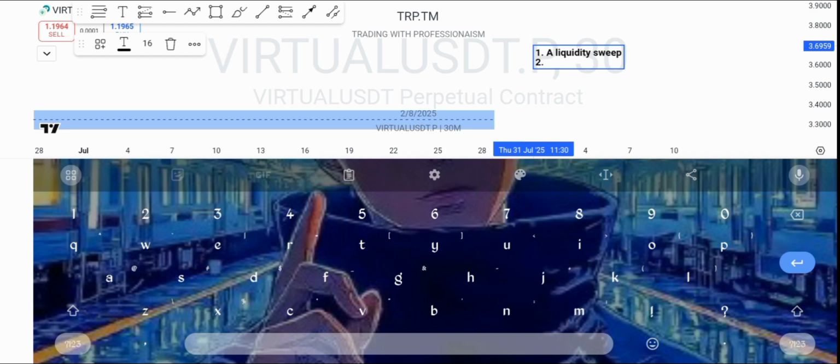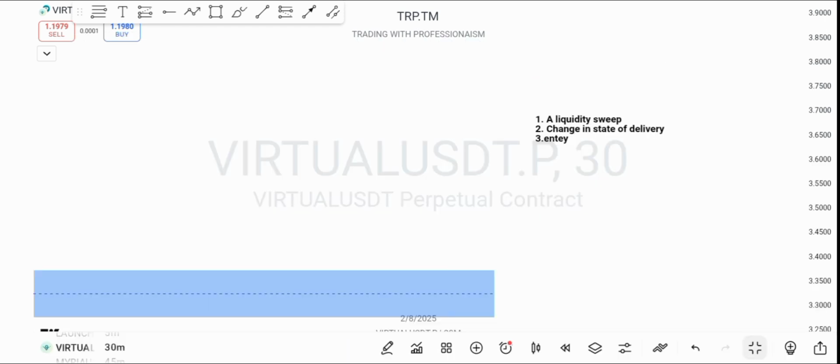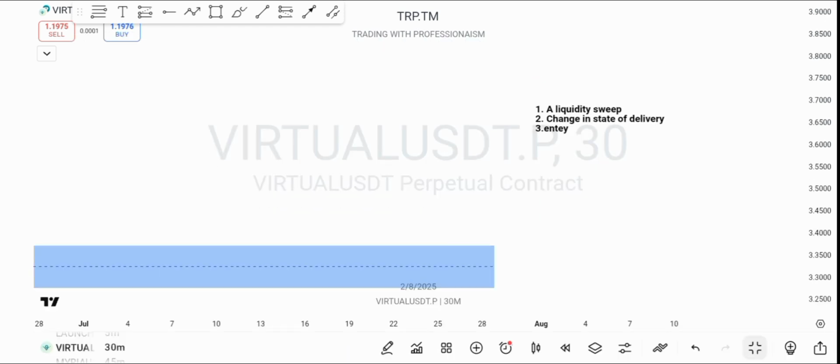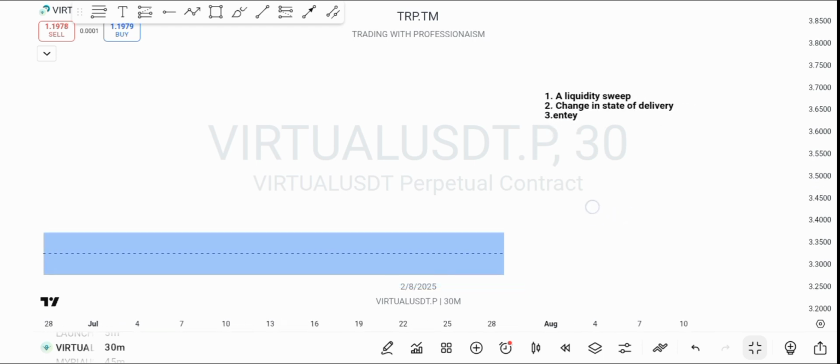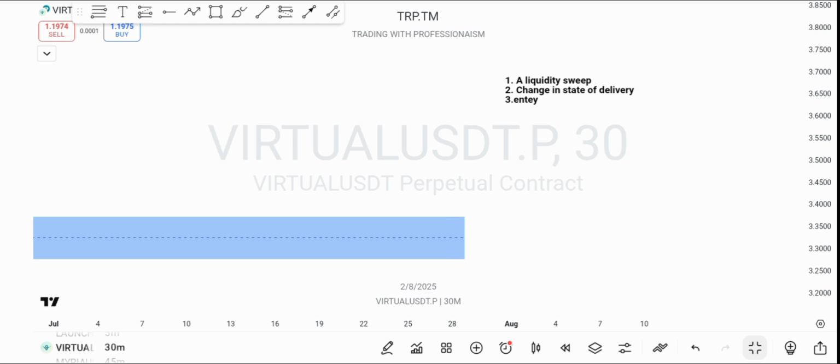Two, after a liquidity sweep, you see a change in state of delivery. Then after that, you enter, maybe on the other block. That's the entry. Once you have confirmed the liquidity sweep and the change in state of delivery, which can be a change of character or a shift, then you can now buy. You can now enter. You get?